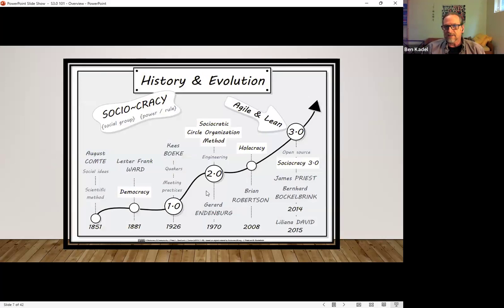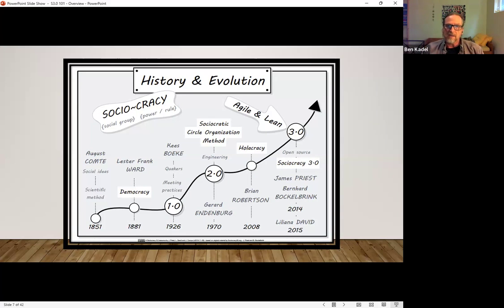So, context and history. Lots of people are just hearing about sociocracy now, but it actually has a very long history. The core part of sociocracy was put together by Gerald Endenburg, who is in the Netherlands, and that was done in the 70s.